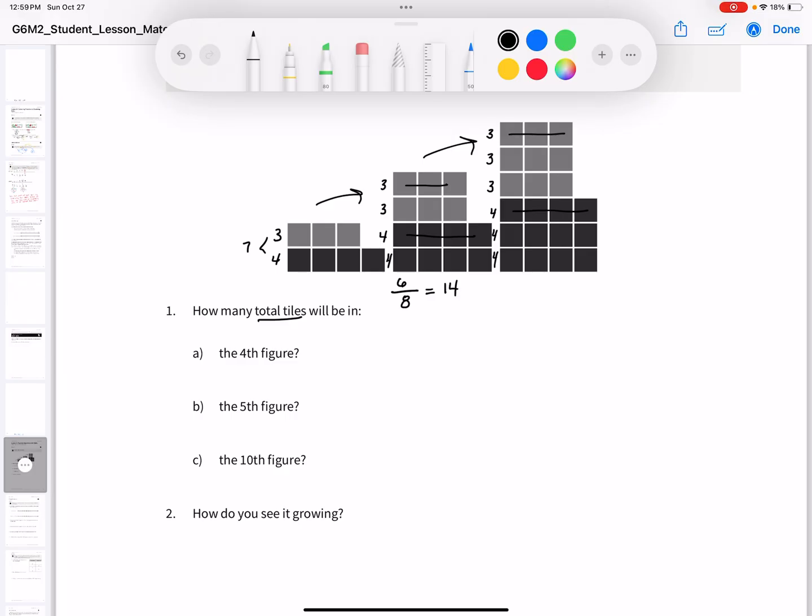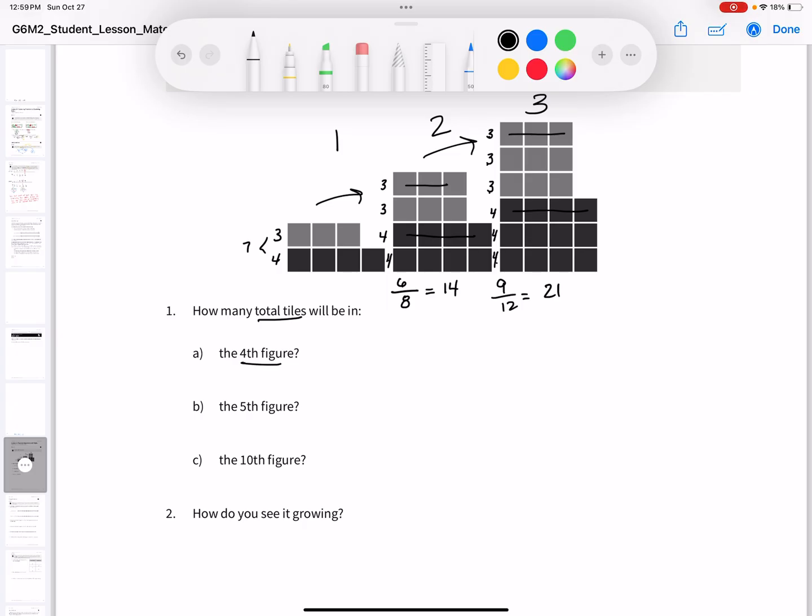And then here we have 3, 6, 9, and 4, 8, 12. And when we add that together, that gets us 21 tiles, okay? So this is like doing 1 group, 2 groups, and then 3 groups of that original group.